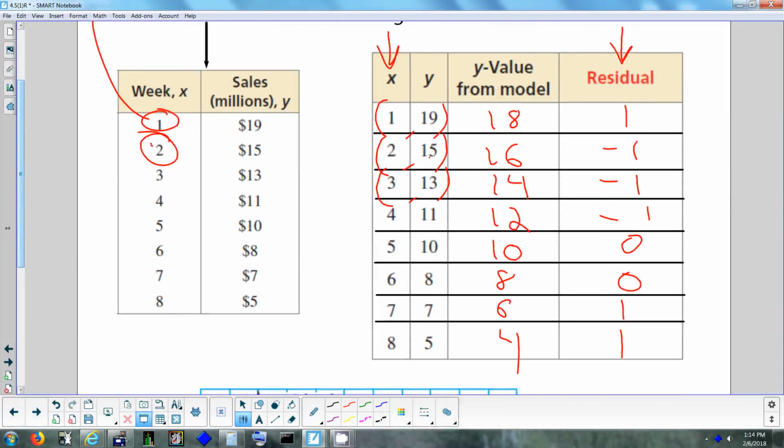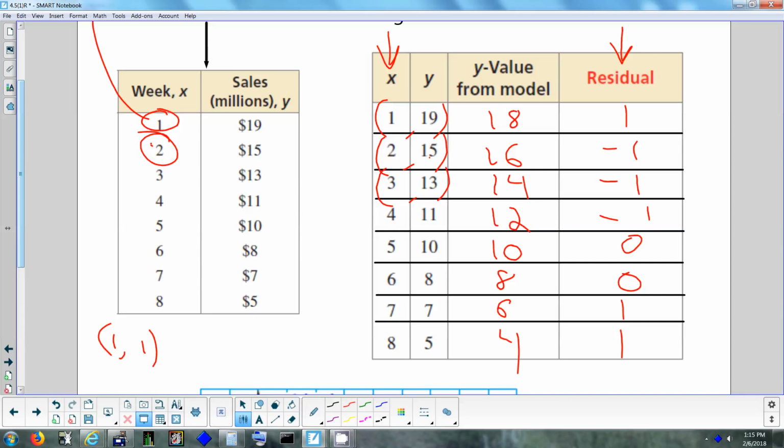Look at the first row. What's my x value in that row? 1, comma. What's my residual in that row? 1. So right now, I don't care about these 2 middle columns. Just the first column, last column. Or in your case, first row, last row.